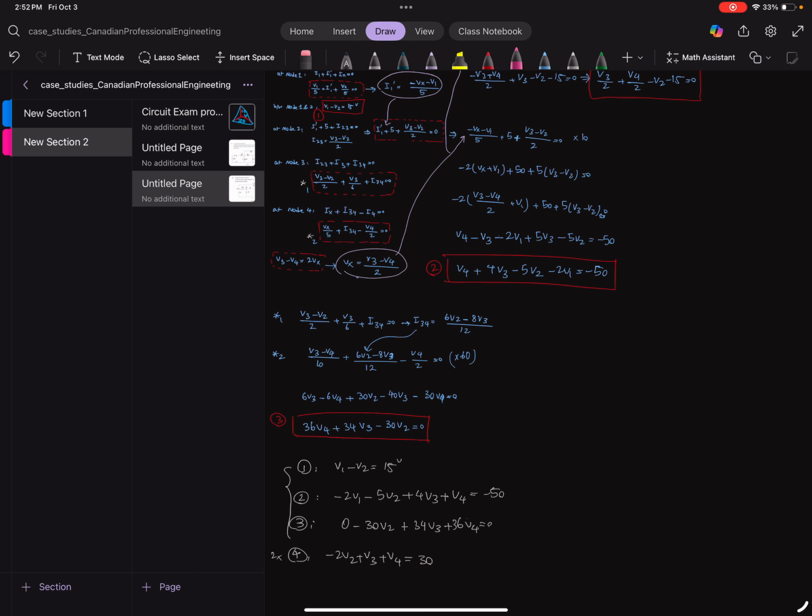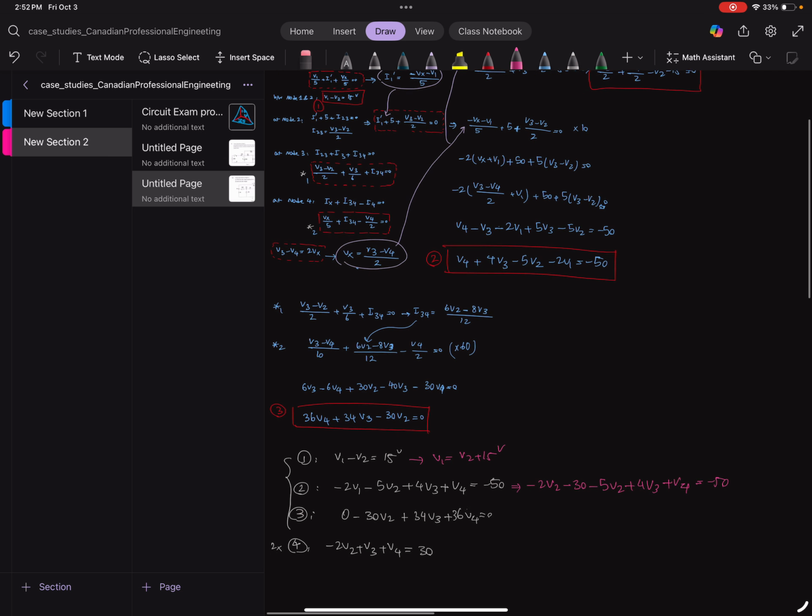So we are replacing V1 with V2 plus 15 volt, and we are rewriting this one: minus 2 V2 minus 30 minus 5 V2 plus 4 V3 plus V4 minus 50.